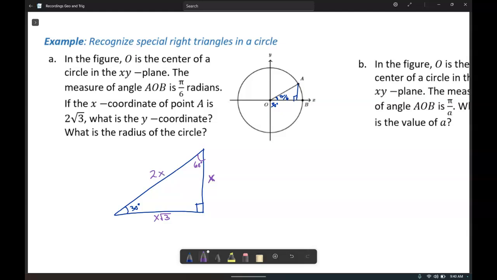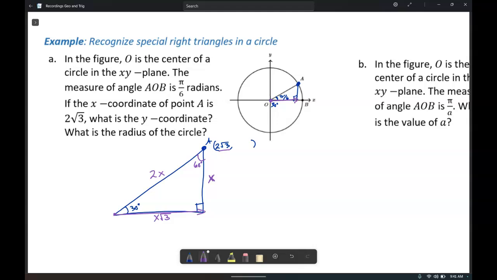Well, they're telling us that point A, located up here, has an x coordinate of 2 square root of 3. And recall that the x coordinate is the distance on the horizontal leg from here to here. The distance from here to here is the x coordinate of our point.